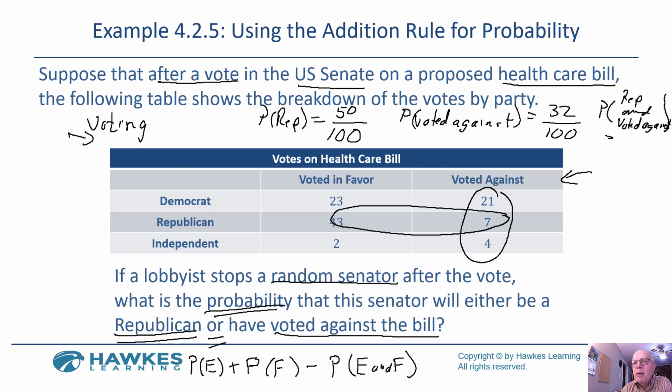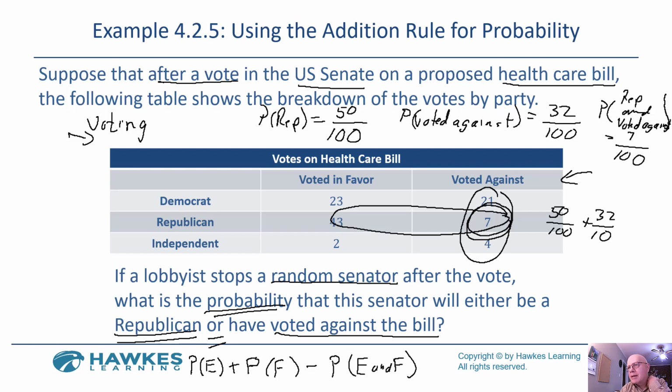Well, here's the Republicans line, and you see over here, there's 7 Republicans that voted against it. So for this third one, we need 7 over, how many senators do we have? We have 100.